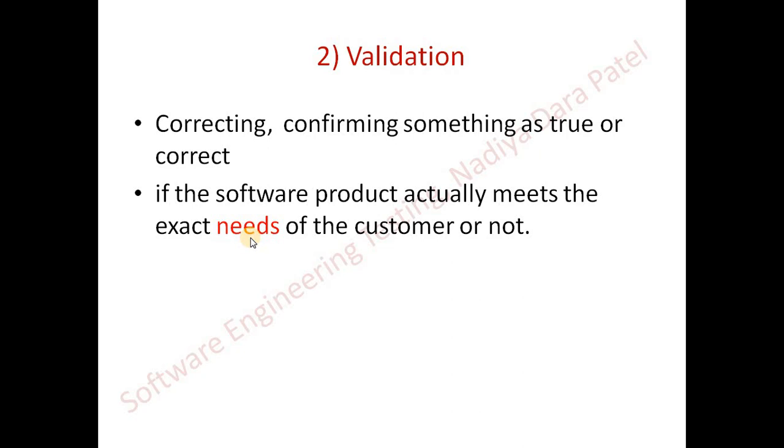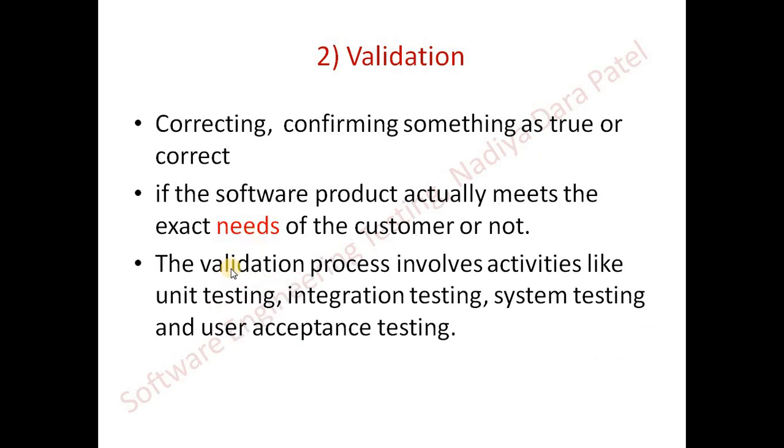Whatever they are expecting from you and your product will be checked in this activity. The validation process involves activities like unit testing, integration testing, system testing, and user acceptance testing. So in coming lectures, we will elaborate every single smaller type of testing. But we have already gone through unit testing, integration testing, system testing, and user acceptance testing in the waterfall model. If you have forgotten, please kindly go and review the previous video.